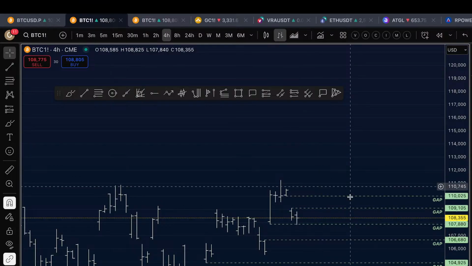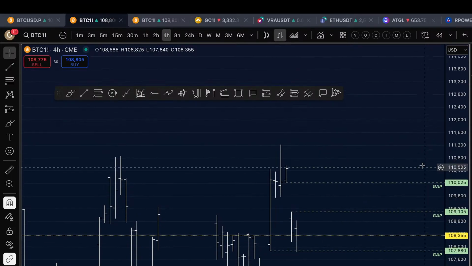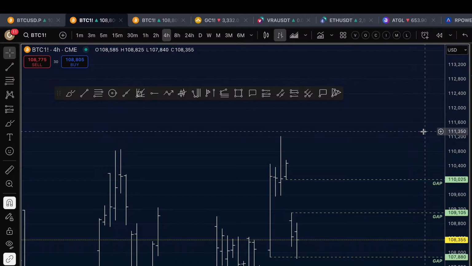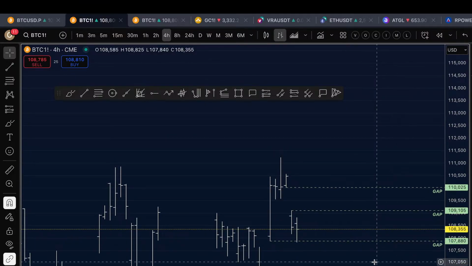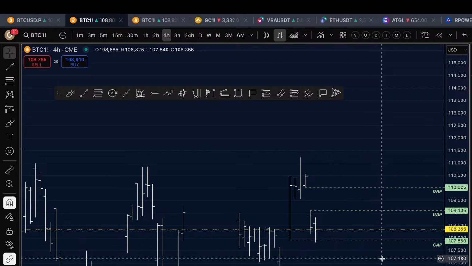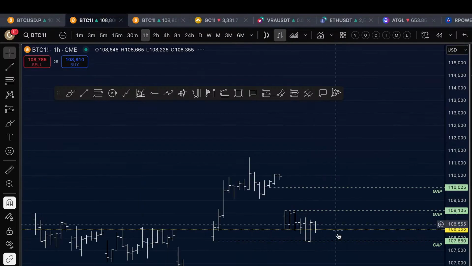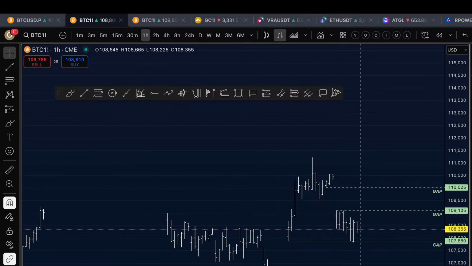Alright, so I think I need to find a good way of putting these gaps. What do these gaps signify?